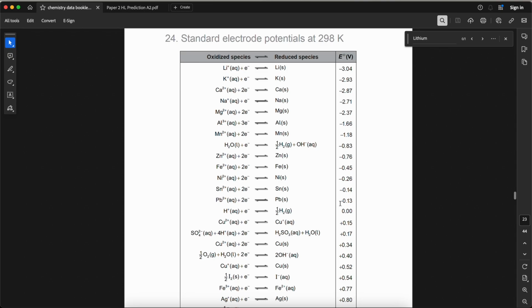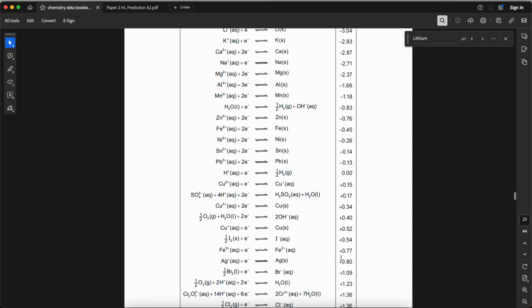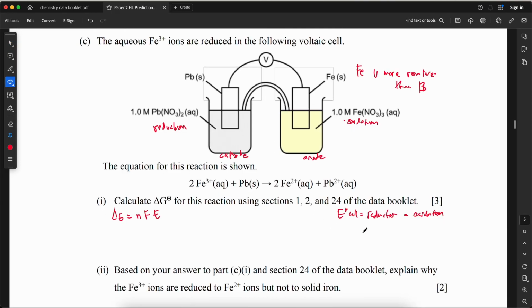So Pb will be negative 0.13, and Fe would be plus 0.77. So that would be 0.77 minus negative 0.13, which is 0.90 volt.